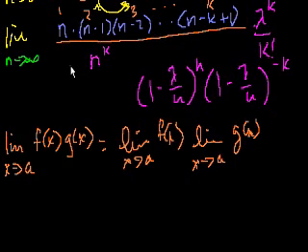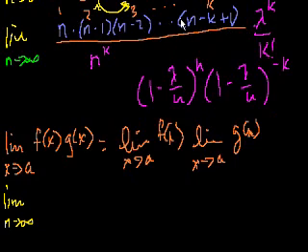So first of all, what's this limit? Let me write this out. So we have the limit as n approaches infinity. So this thing up here, this n times n minus 1 times n minus 2 all the way down to n minus k plus 1, what's it going to look like? It's going to be a polynomial, right?